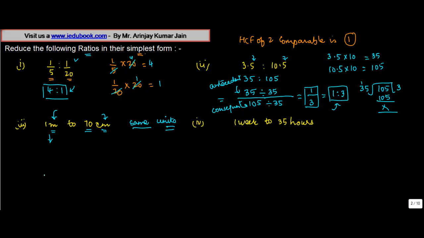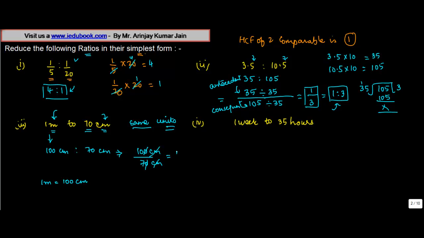So we know that 1 meter is equal to 100 centimeter. So we write this as 100 centimeter is to 70 centimeter, right? Or simply 100 upon 70. This gets knocked off, this gets knocked off, right?